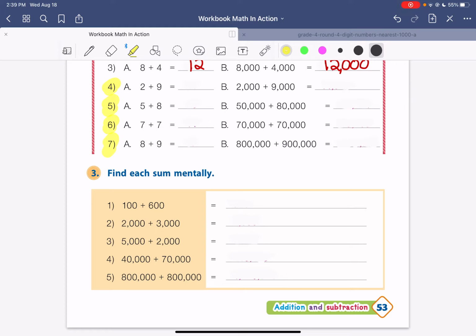Now you're going to find each sum mentally. 100 plus 600. 1 plus 6 is 7.